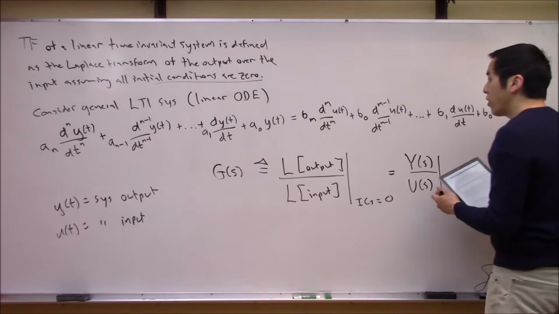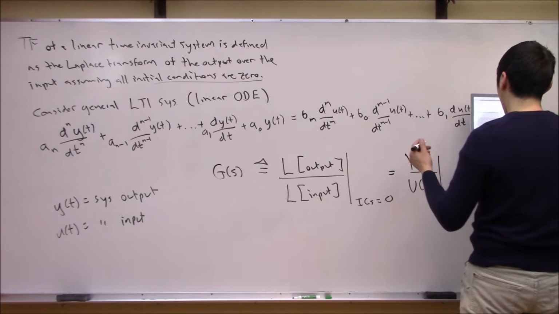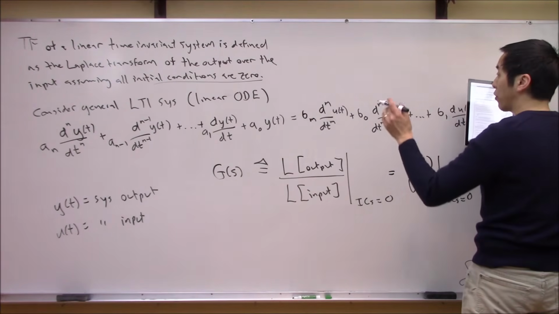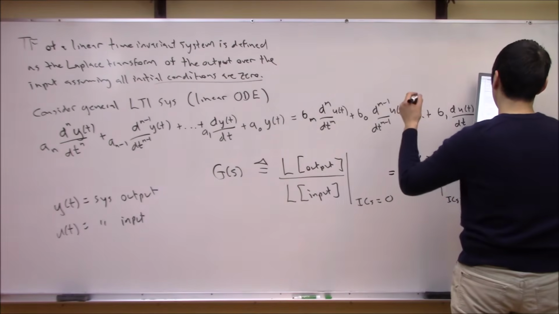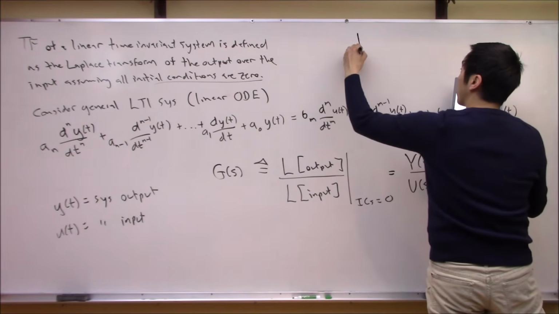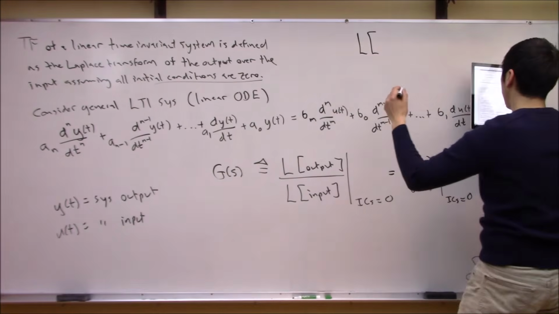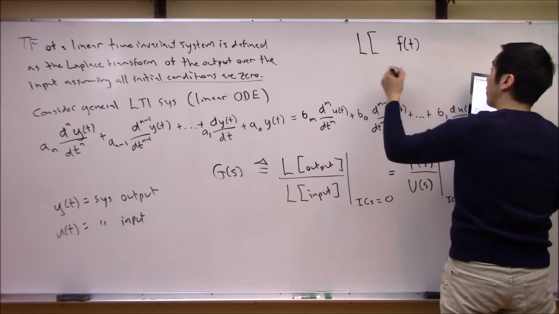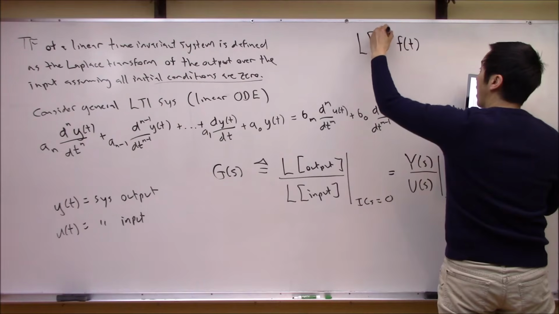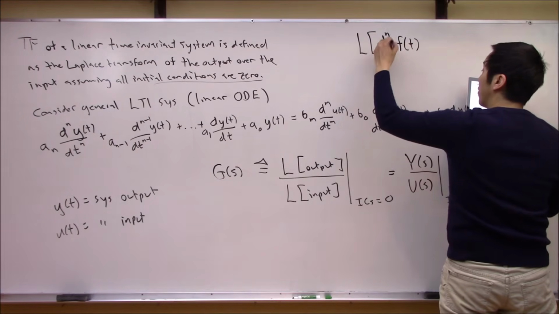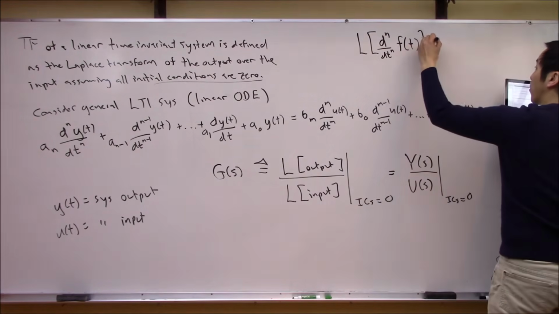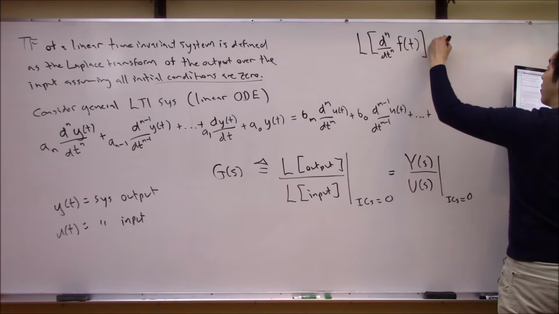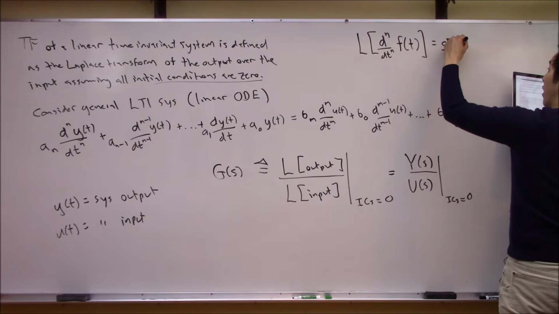The one that matters here, which we said is incredibly important for control systems engineers, is the Laplace transform of the nth time derivative of a signal. If you had some signal in the time domain f of t and you were taking its nth time derivative, its Laplace transform was s to the n times F of s.